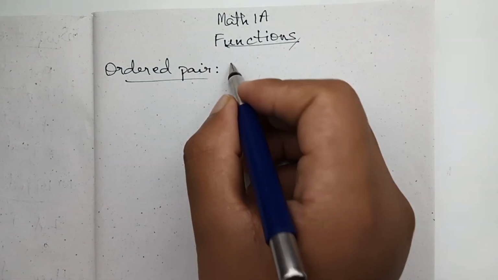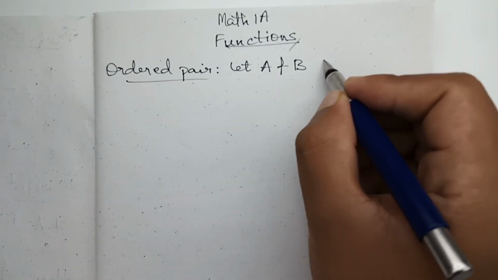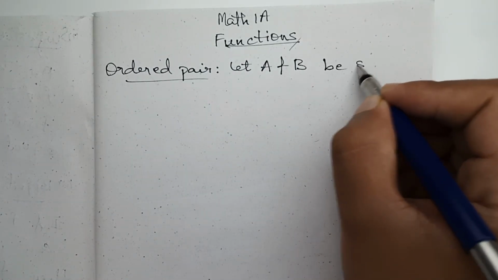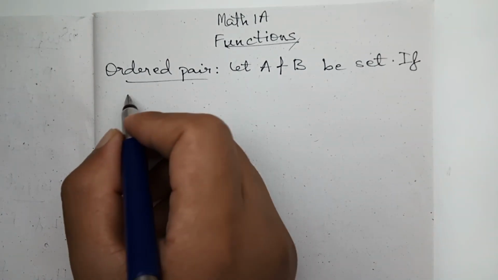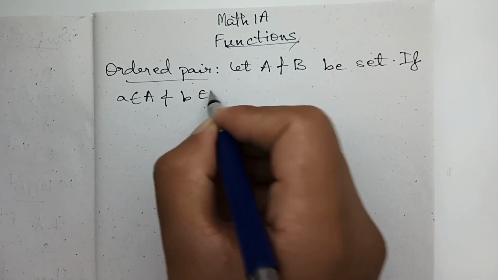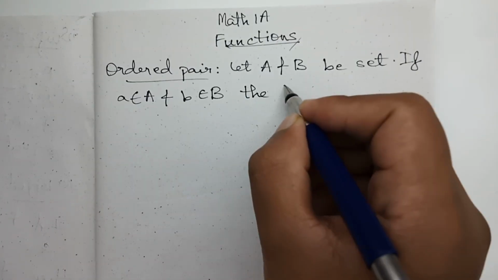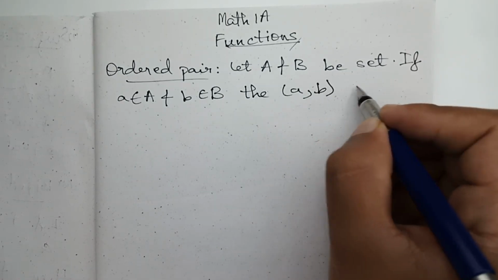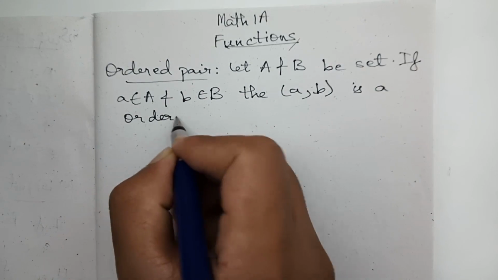Ordered pair. Let us take A and B as sets. If a belongs to capital A and b belongs to capital B, then the pair (a, b) is an ordered pair.